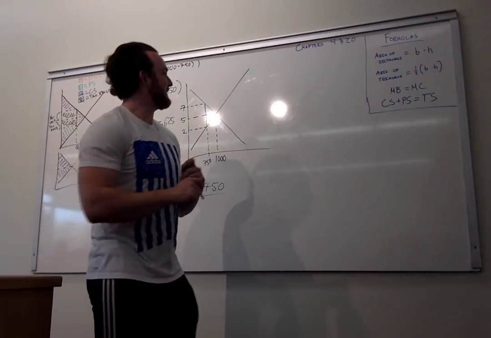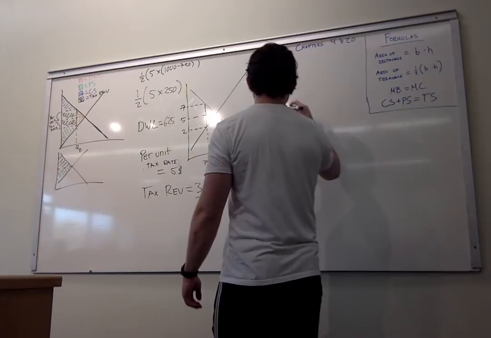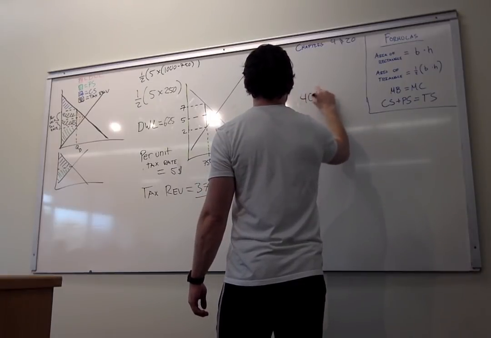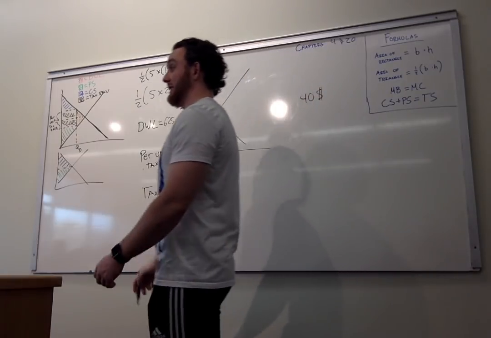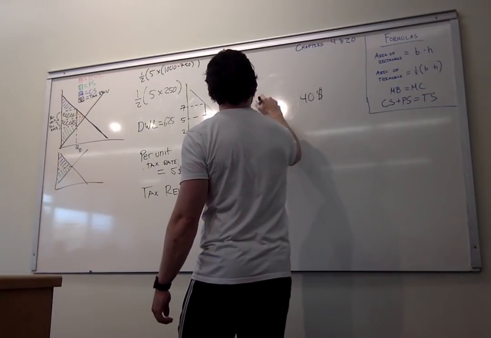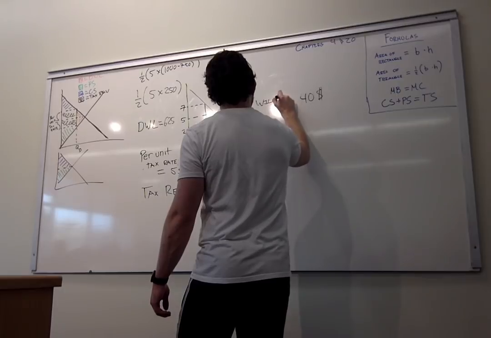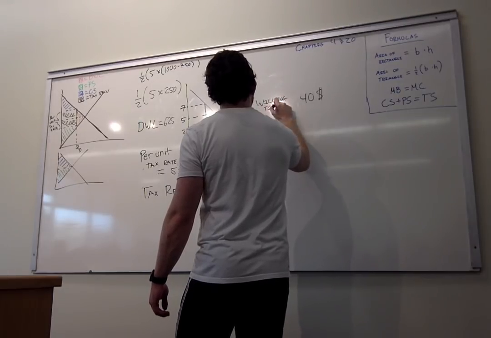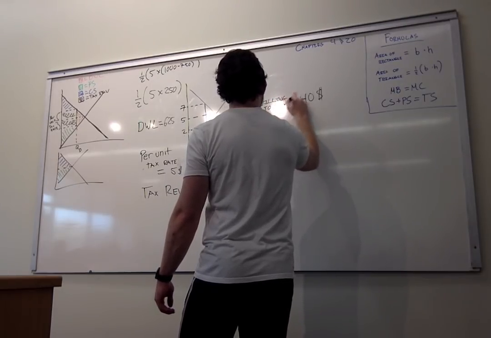Okay, so let's say his willingness to pay is $40 for that hour of tutoring. So he's willing to pay $40.